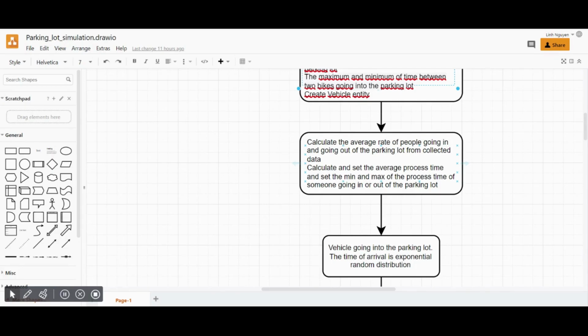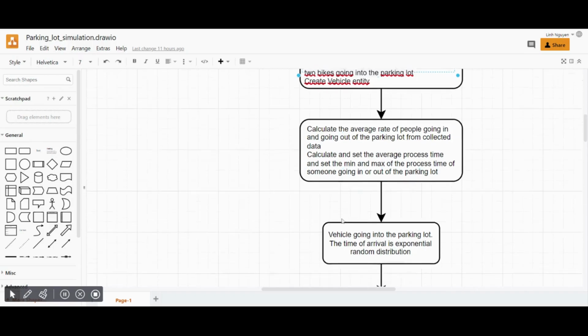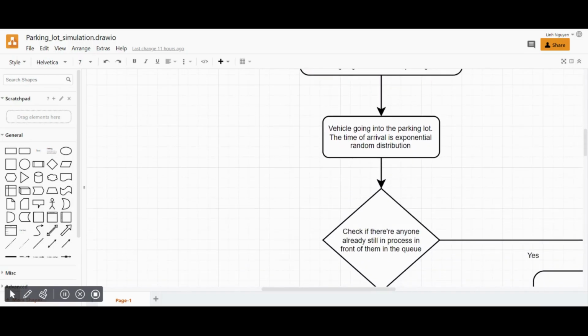It also calculates and sets the average process time for someone going in and out of the parking lot. When a vehicle goes into the parking lot, the time of arrival is random, using exponential distribution.